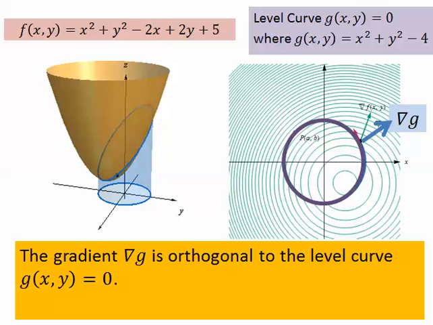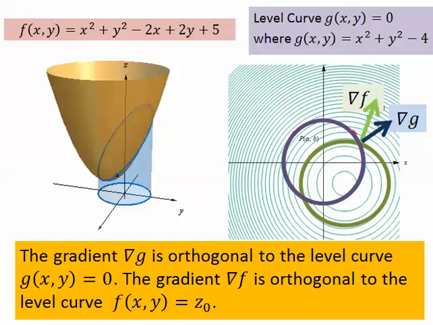The gradient of g is orthogonal to the level curve g equals 0, meaning the gradient of g is orthogonal to the constraint curve, while the gradient of f is orthogonal to its level curve.